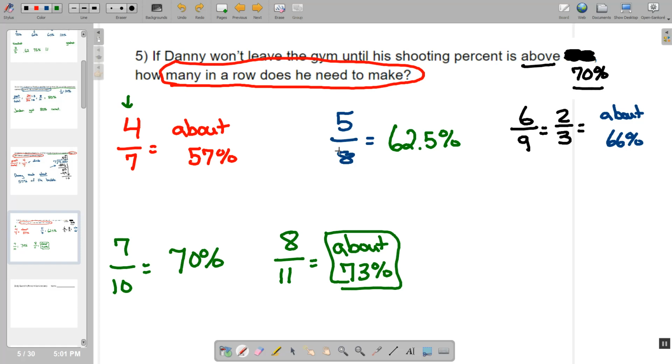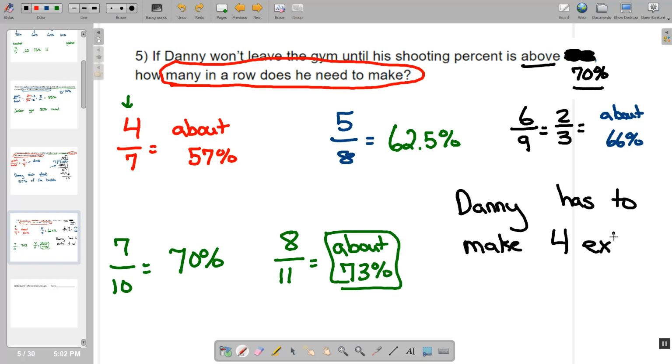So he made 1, 2, 3, 4 in a row to get above 70%. So Danny has to make 4 extra shots in a row. As always, if you have any questions, make sure you let me know.